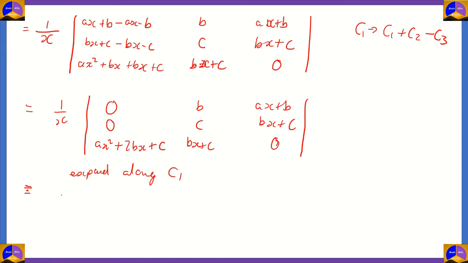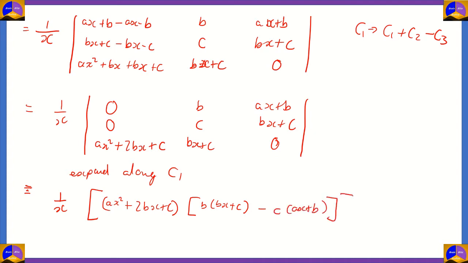So therefore it will be 1 by x times, let's take a big bracket so that we can write everything inside. So ax squared plus 2bx plus c, and then times, you will have b times bx plus c minus c times ax plus b, and this is the expansion along C1.